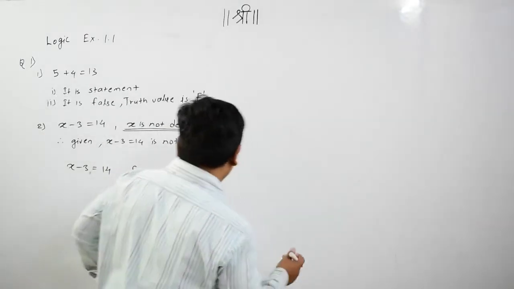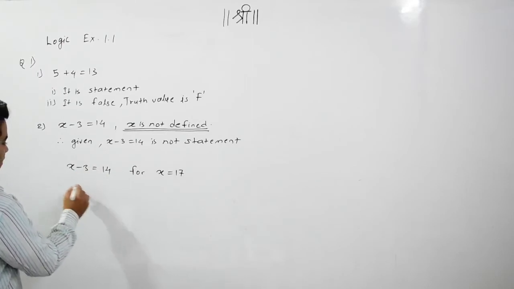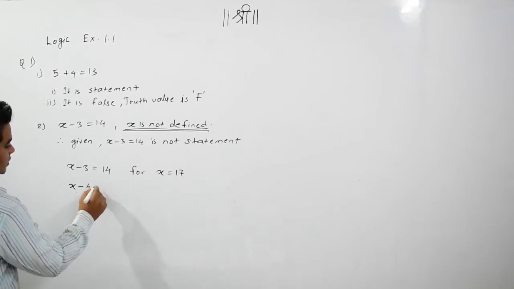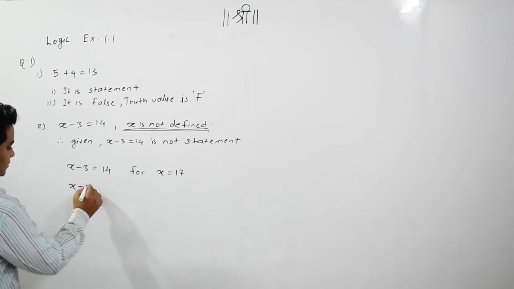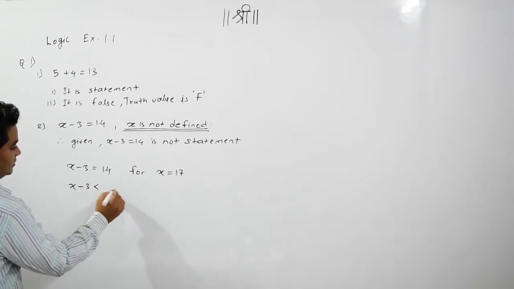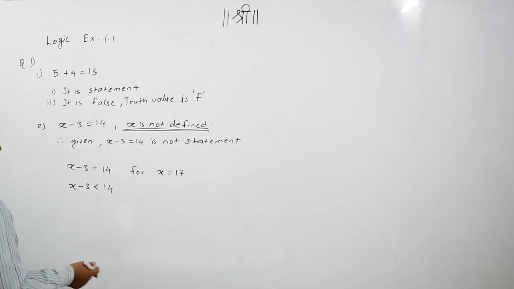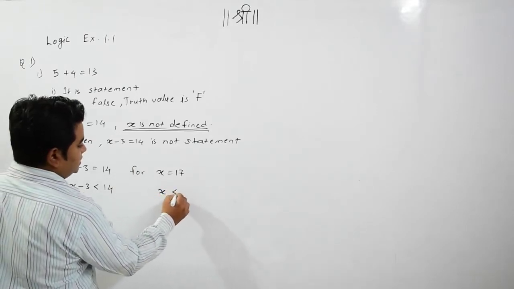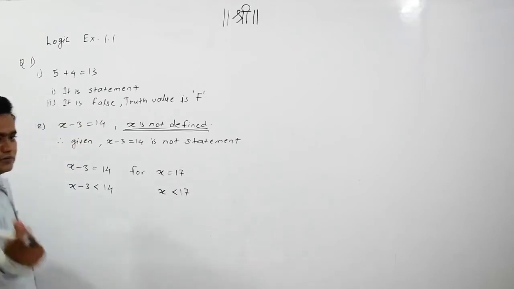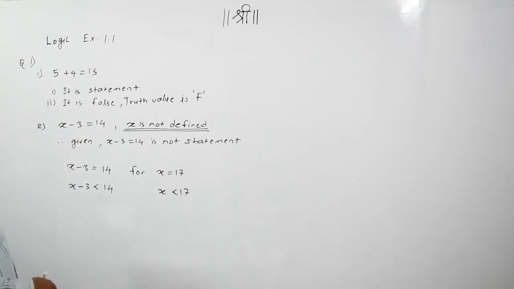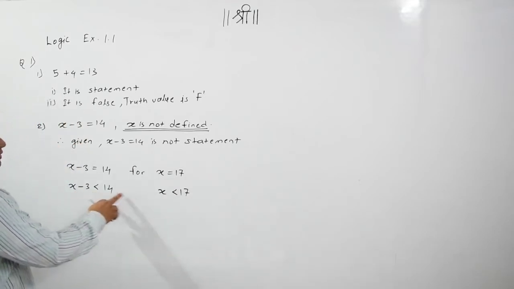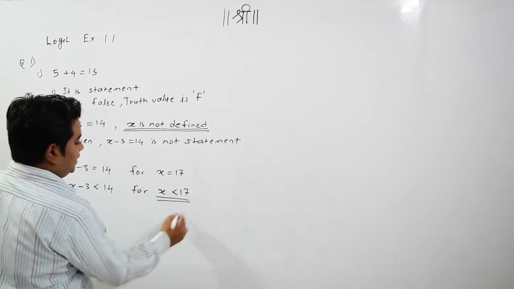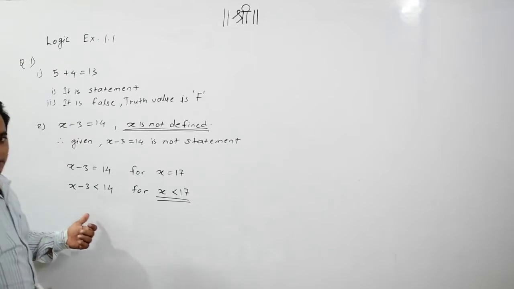And another example we can take: x minus 3 is less than 14, for which case? For x less than 17. Hope you understood what I wanted to say here. So x is less than 17, then only this is a possible case. Here x is defined and therefore this is a statement.